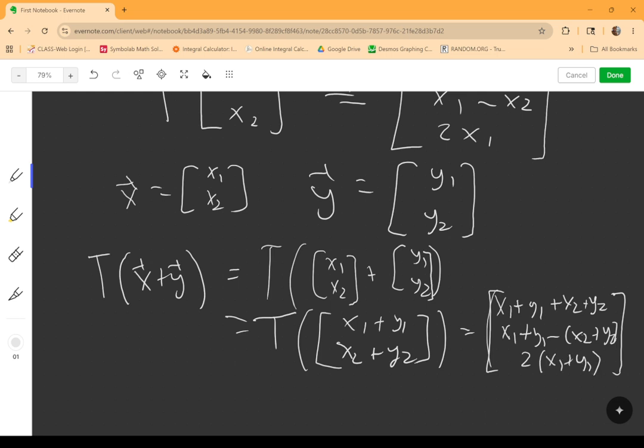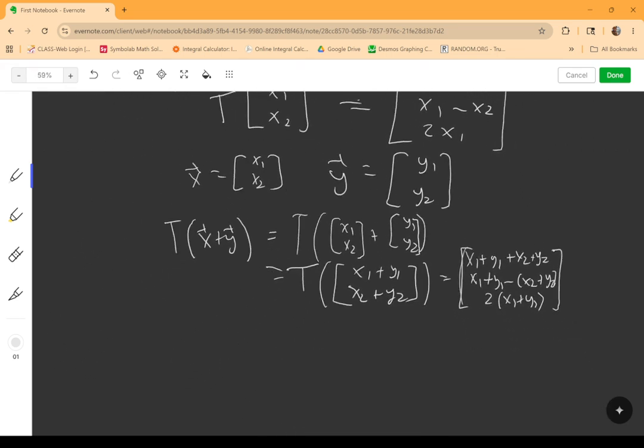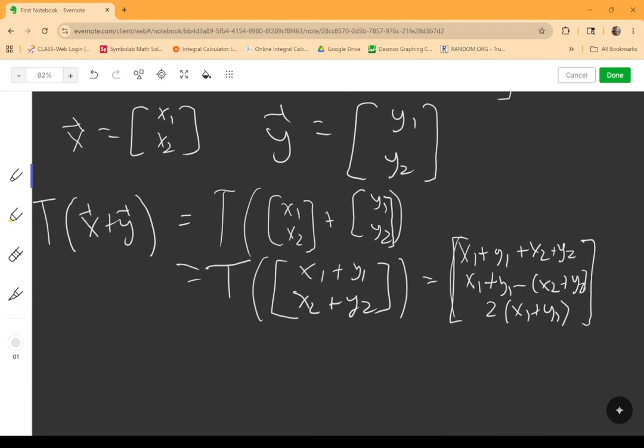The transformation takes x1 as element 1 and x2 as element 2. So that's what it looks like for x plus y, when we do the operation inside our vector space R2 and then map it onto R3.